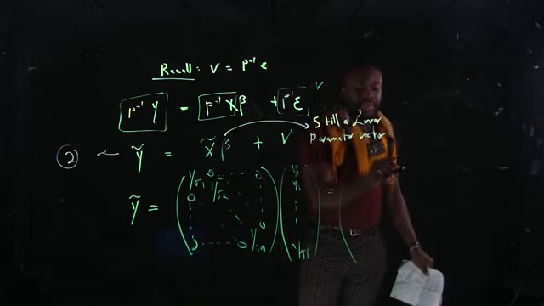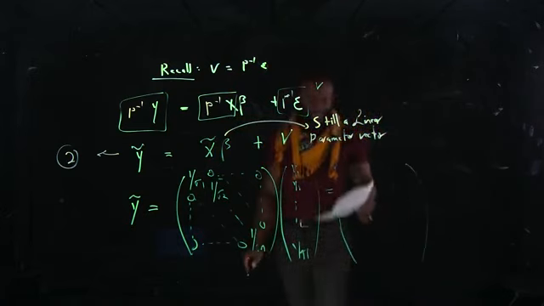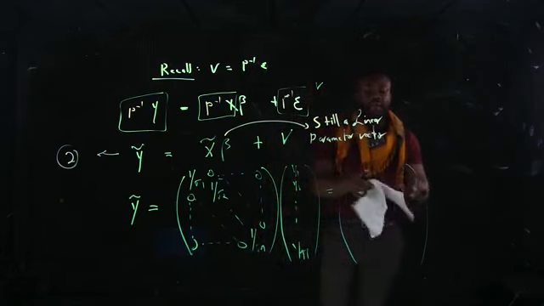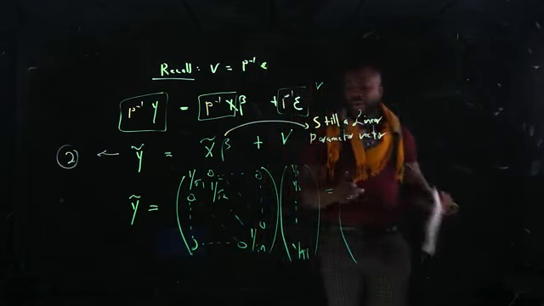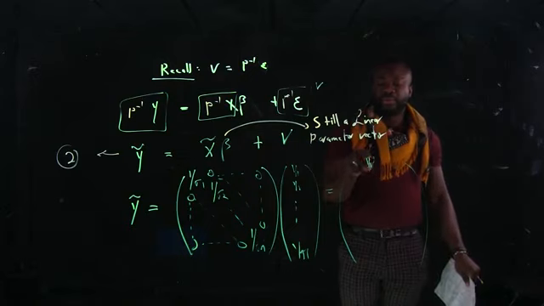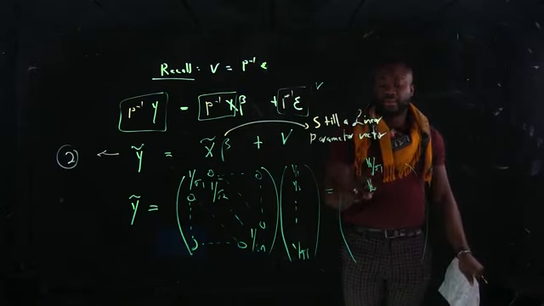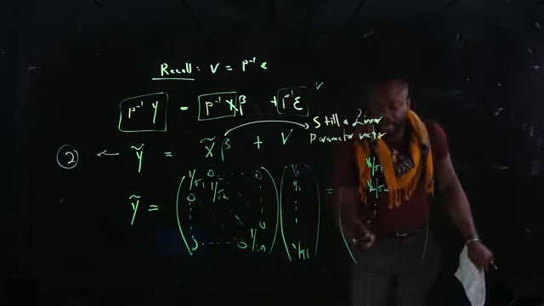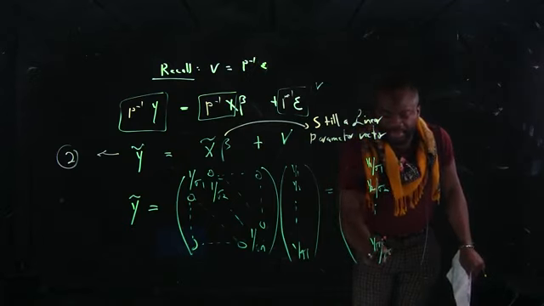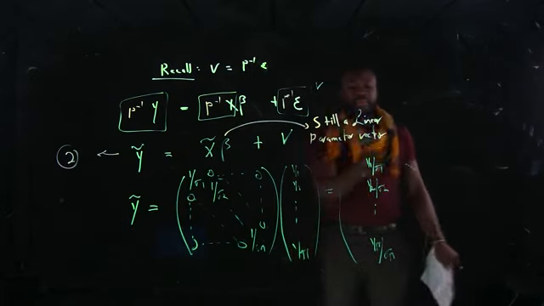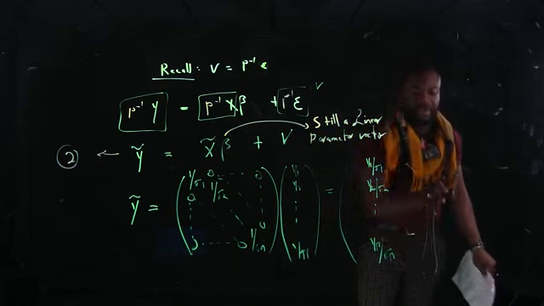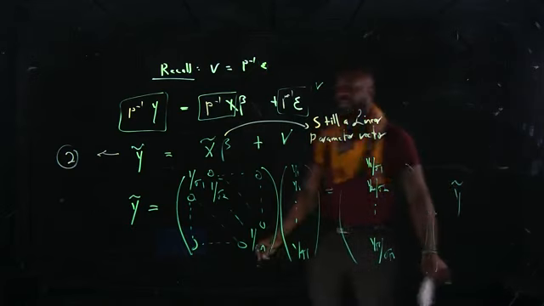We do our matrix multiplication and end up with y1 over sigma 1, y2 over sigma 2, y sub n over sigma sub n. So this whole thing here is our y tilde.